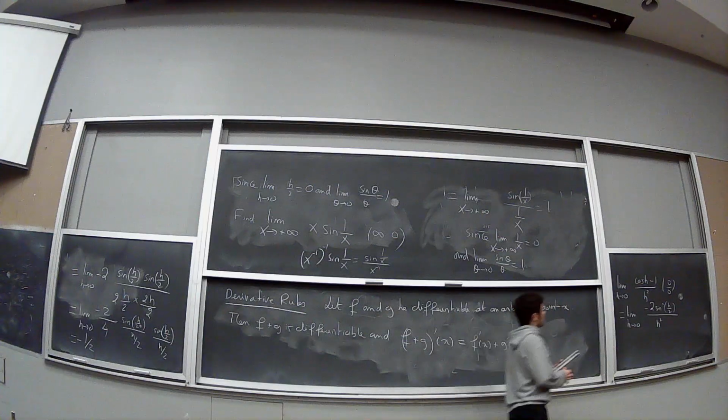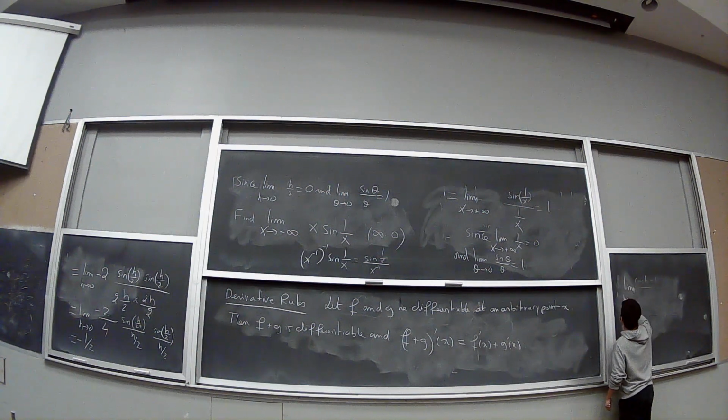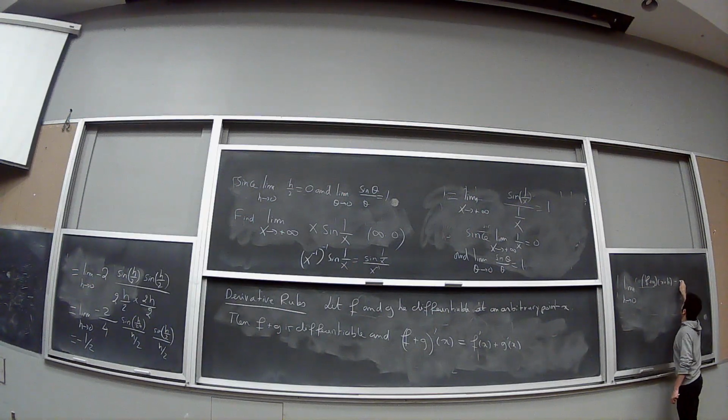What is the derivative of f plus g at the point x? This is just the limit as h goes to 0 of f plus g of x plus h minus f plus g of x over h.